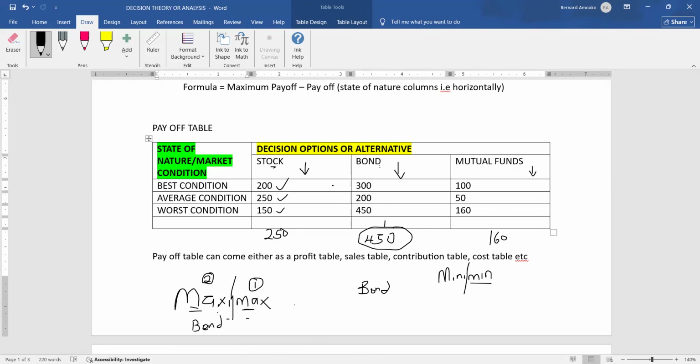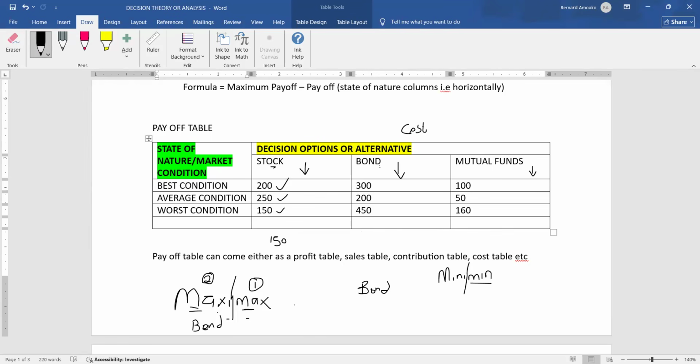Now, the question says that assuming this payoff is a cost payoff and not a profit payoff, once it is a cost payoff, you do what we call the minimum, which means that under each decision option, select the minimum values. What are the minimum values? Let's go. The minimum value for stock is 150.